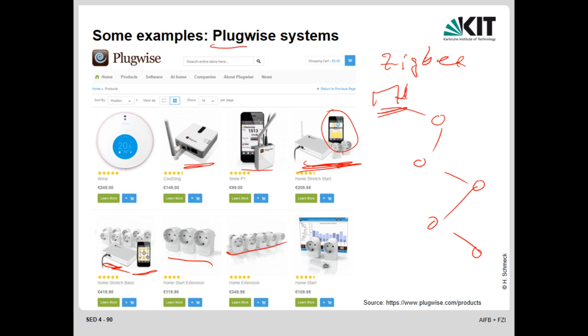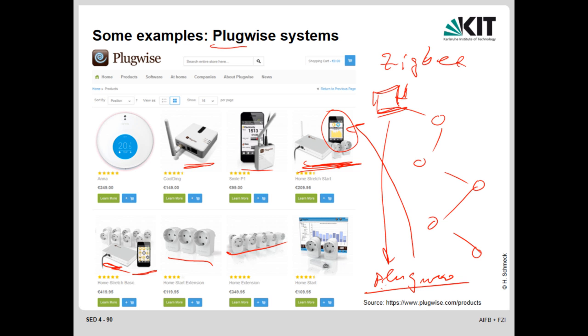But in order to get that information, you access a server at Plugwise. That means all the information that is collected here in your house with these plugs is sent from this master box here to Plugwise. And then if you want to look at that, you can look at it on your smartphone or on your PC or laptop or whatever you like.